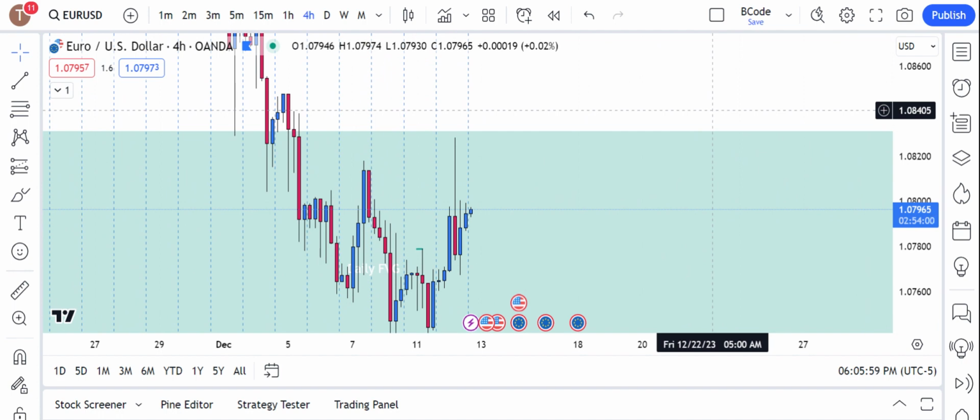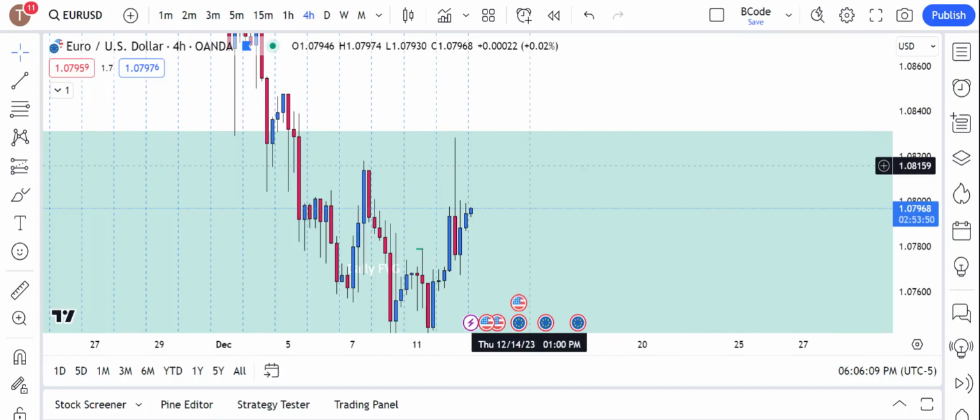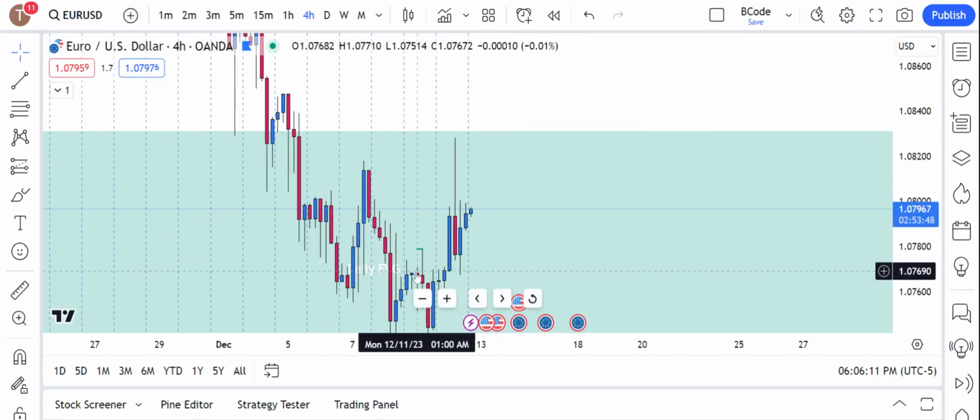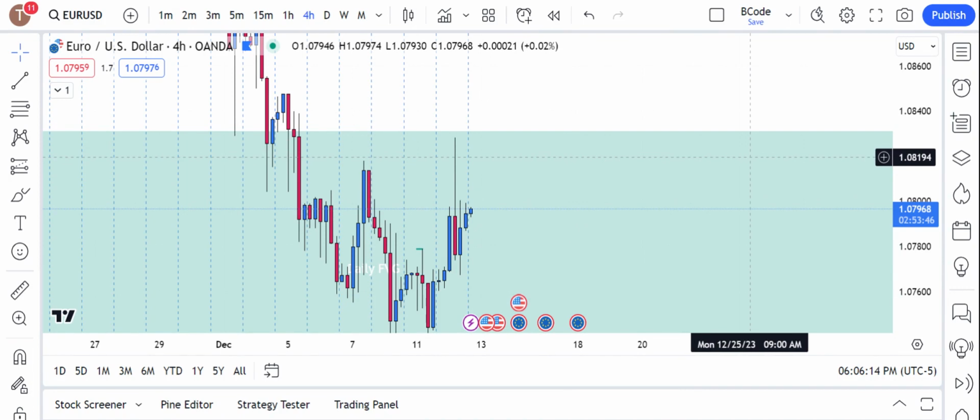The Great British Pound versus the United States dollar, GU, I'm looking for sales. The Euro versus the United States dollar, EU, I'm looking for buys, especially with price kind of coming out of this daily fair value gap, which is a major PD array. That's what we're looking for. That's what we're going for.